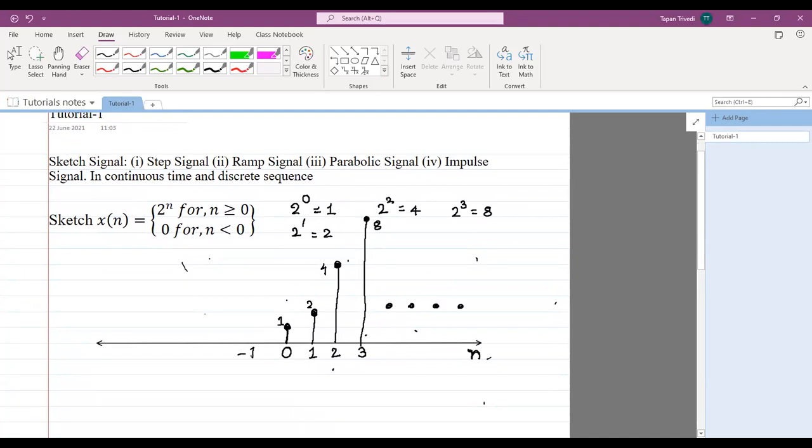Similarly, at -1, you will get 0. -2, you will get 0. -3, you will get 0. The reason is that it is 0 for n less than 0. समझ में आ गया?